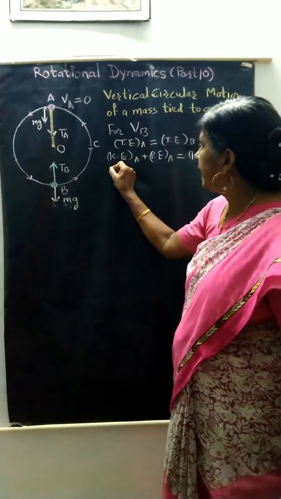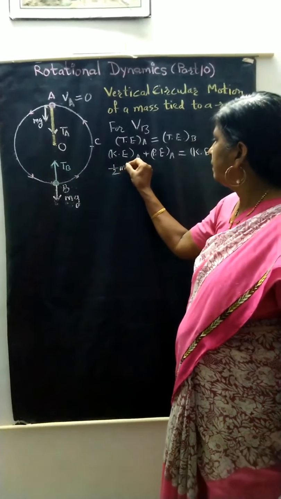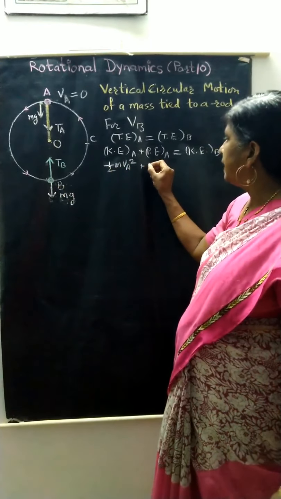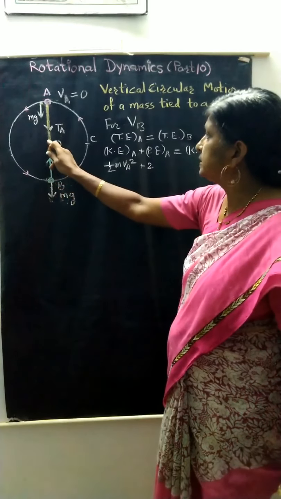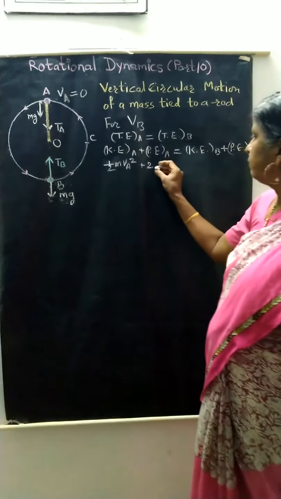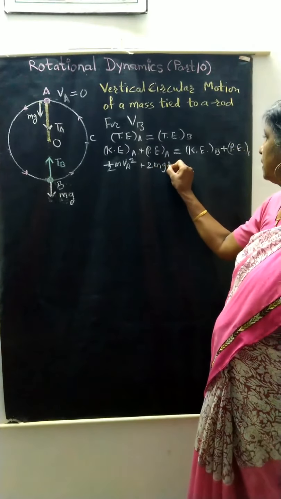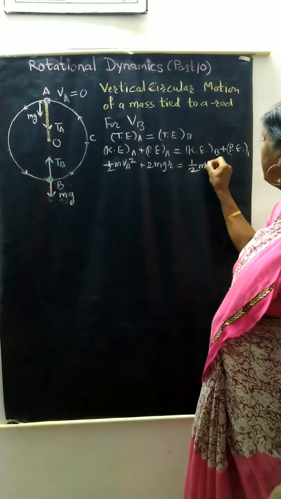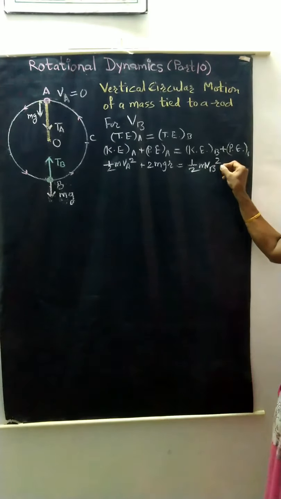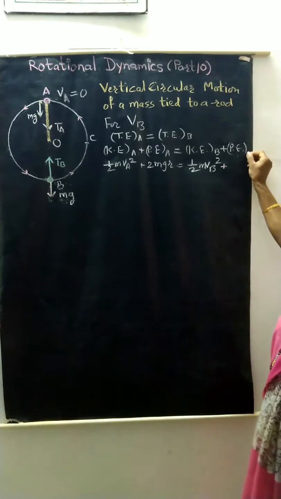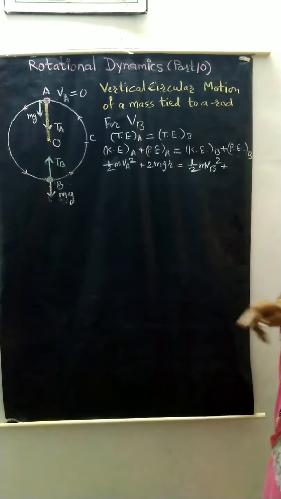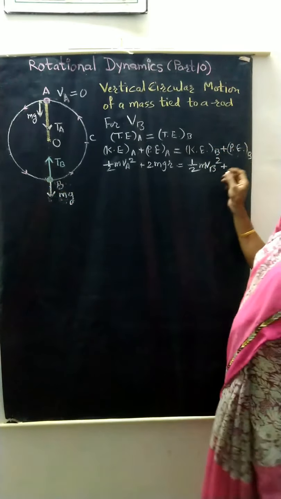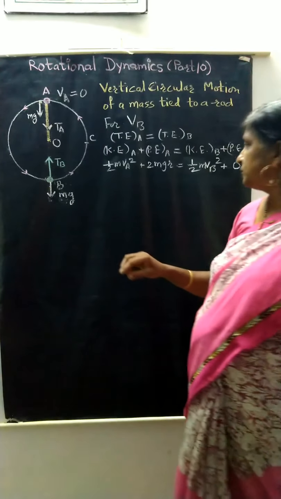The kinetic energy at point A is half m Va square plus potential energy is mgh, but h is equal to r plus r for point A. Therefore 2mgr is equal to kinetic energy, half m Vb square, plus potential energy at point B, which is considered as 0 because point B is at ground level, as h is equal to 0.